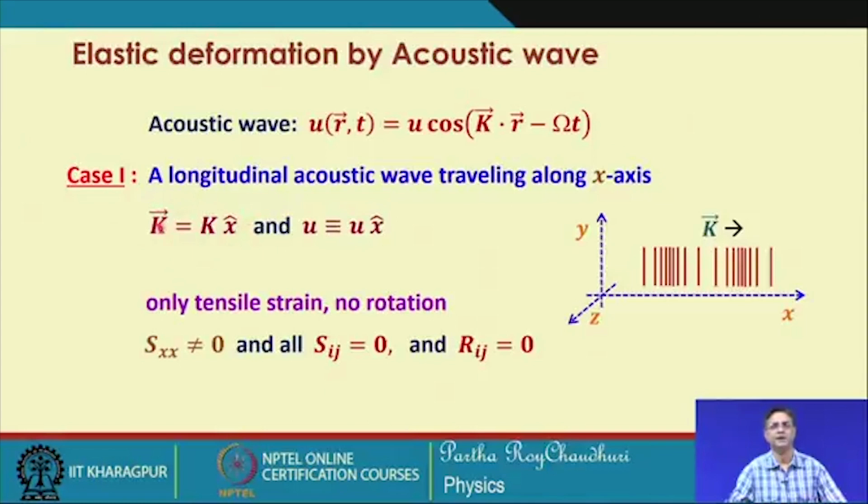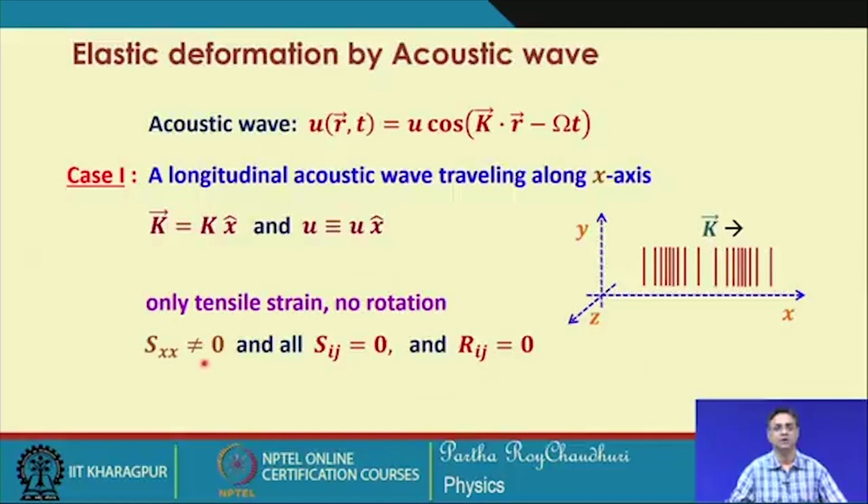We can represent k equal to k of x, where k is the magnitude, and the deformation, a vector u, can be represented as u times the x unit vector. So, there is only tensile strain and no rotational strain in this case. We can analyze this situation considering that only S x x is not equal to 0, and all other S i j elements are 0, and the rotation elements are also 0.